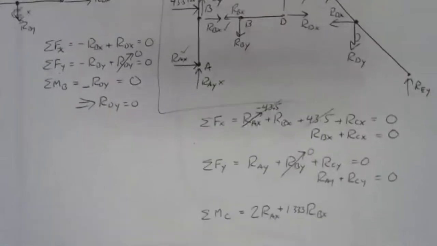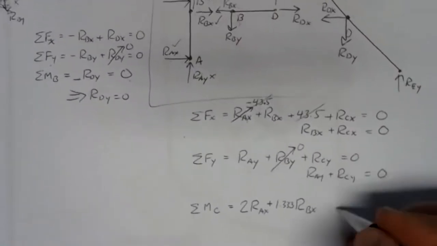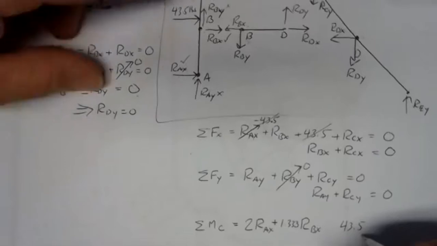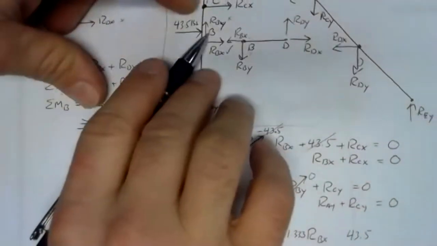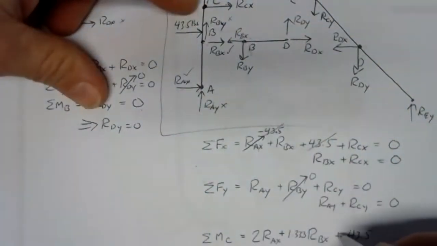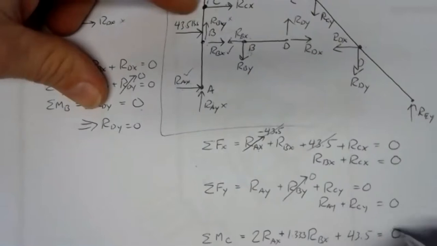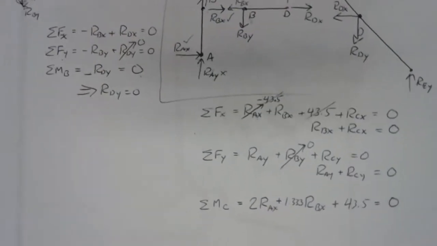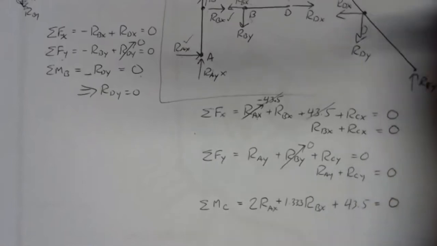So it's just 1 foot. So we have 1 foot times 43.5 pounds, pinned at C, pushing to the right, counterclockwise moment, so positive. So those are our 3 forces, our 3 moments. Now we can see from our table what we can use.